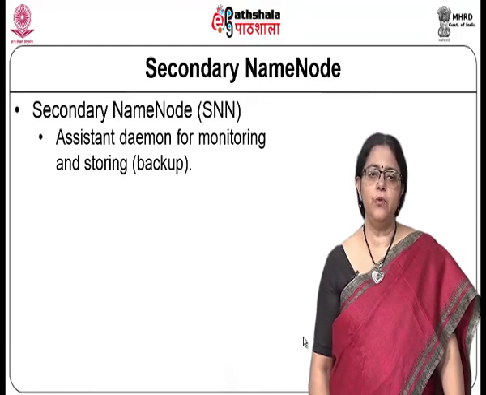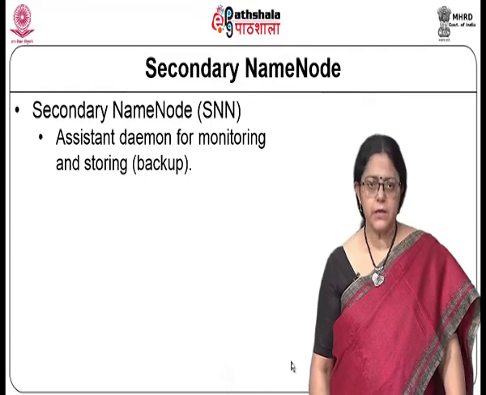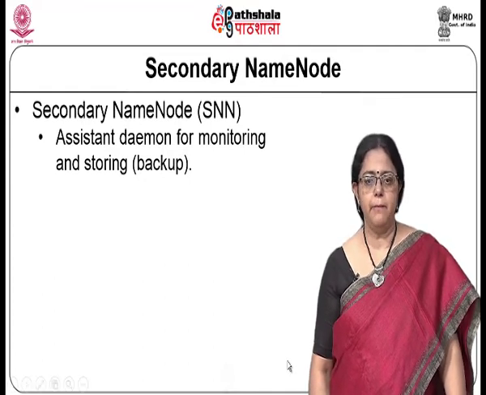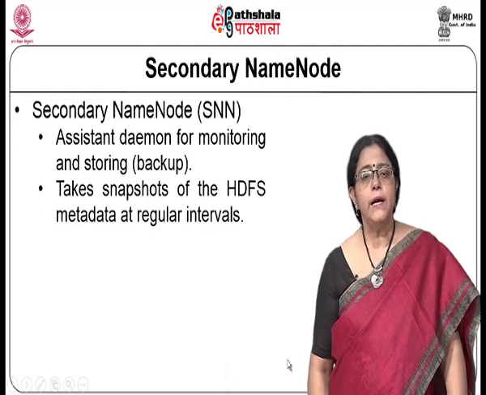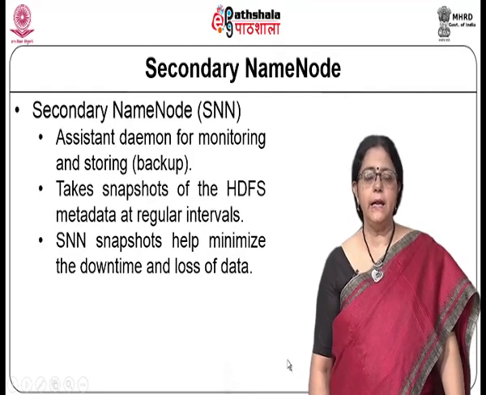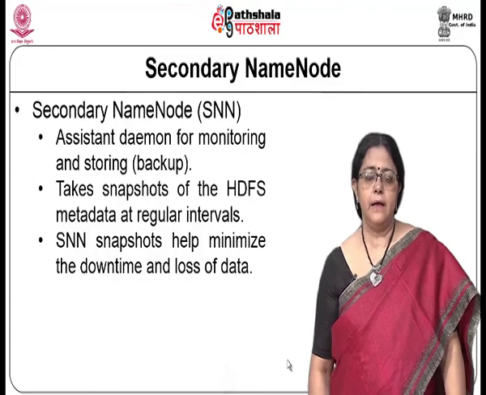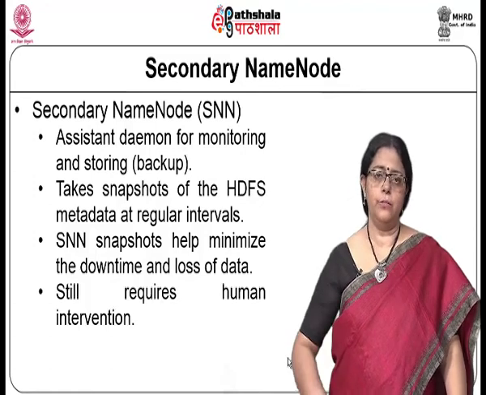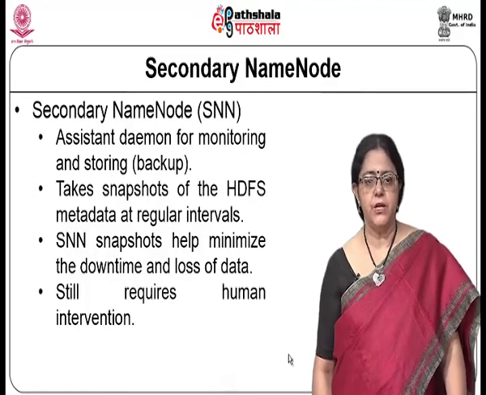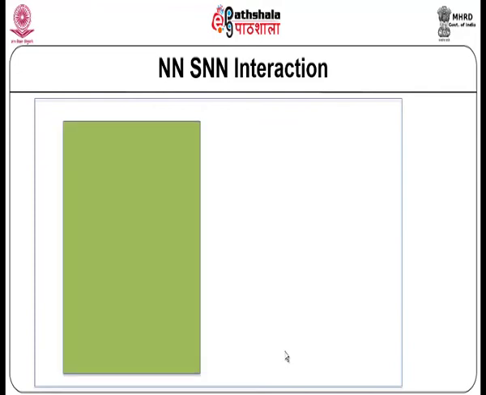The secondary name node will be running in the background, monitoring and storing. It will create the necessary backup. So, it will take the snapshot and create a new snapshot of the environment. Let us look at how this happens.